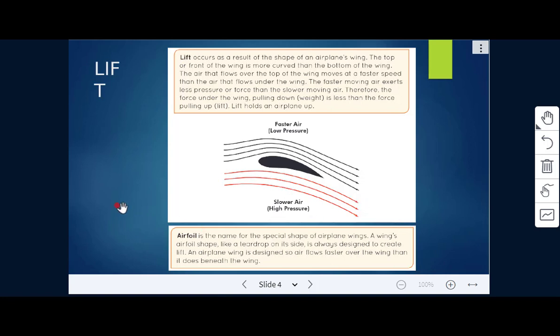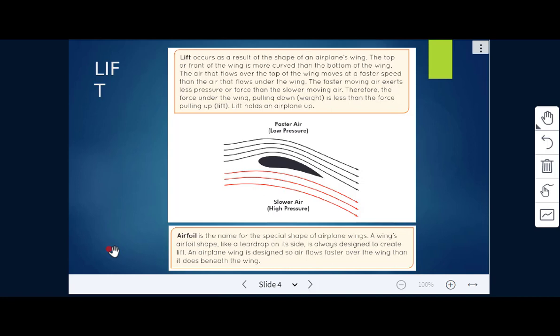The faster moving air exerts less pressure or force than the slower moving air. Therefore the force under the wing pulling down, which is the weight, is less than the force pulling up, which is the lift. That's the lift which is going to hold an airplane up. You might have heard the term airfoil. That's the special name for the shape of airplane wings.